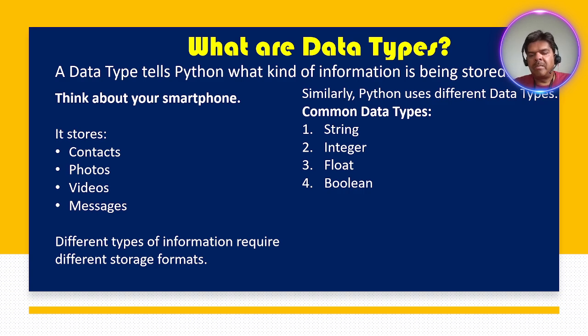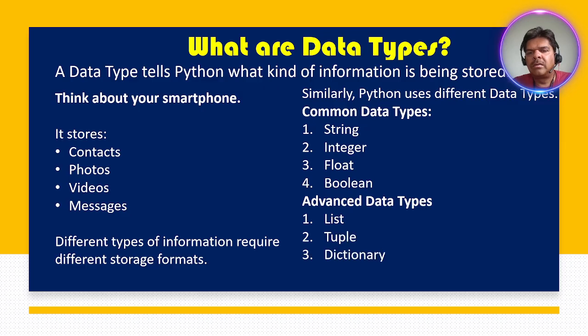Along with these, Python has some advanced data types. You can call them data structures: list, tuple, dictionary, set. These are also called data types, but we use them for storing multiple values.